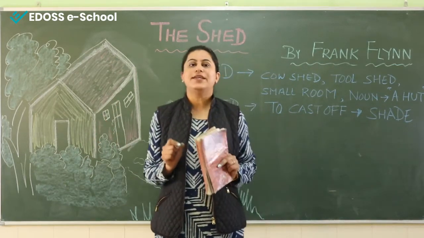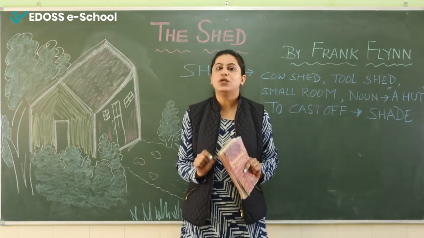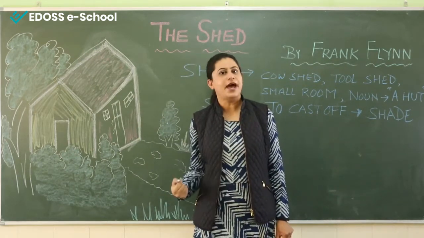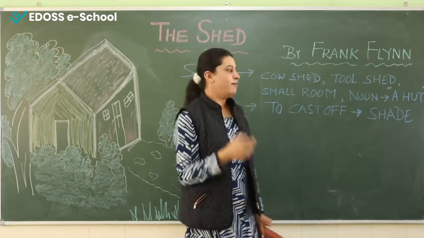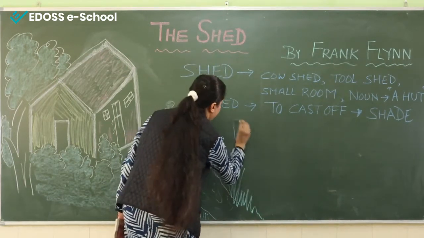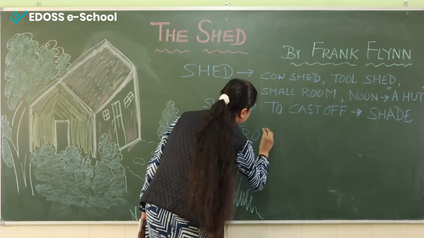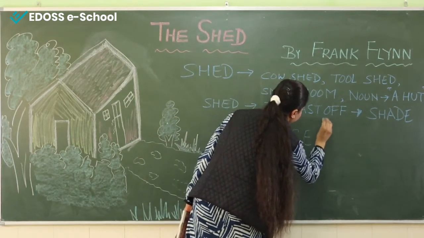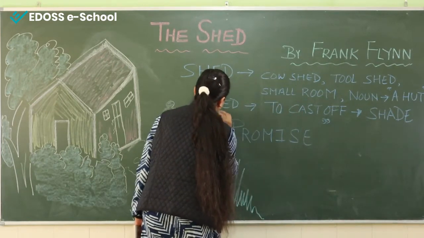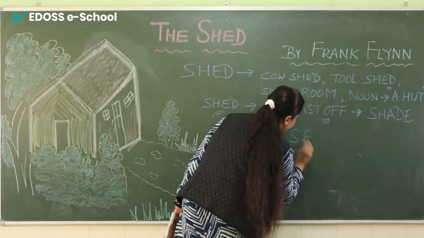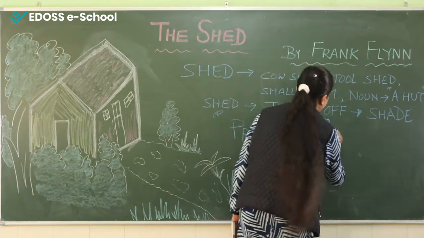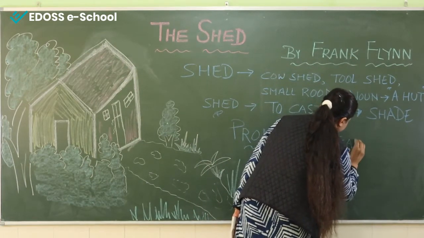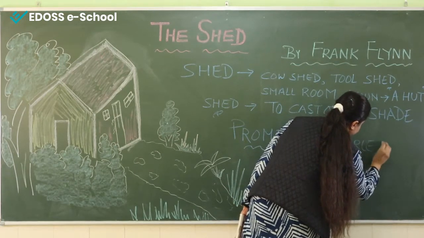Now he knows the reality that there is no ghost, and one thing he did in this entire poem is promise. He made a promise that one day definitely he is going to enter this shed. And the main theme of this chapter is fearlessness.